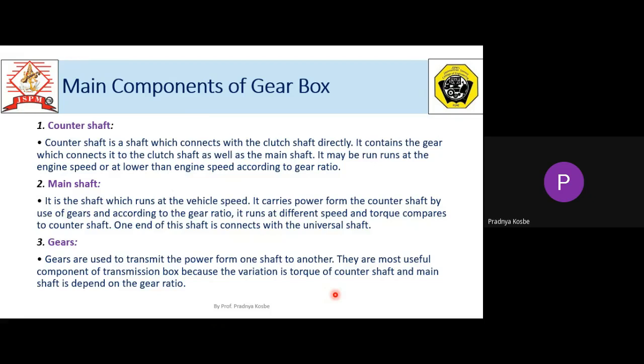It mainly depends on the number of teeth on the gear, and that is nothing but the gear ratio. So these three components we have seen: the counter shaft, main shaft and gears.